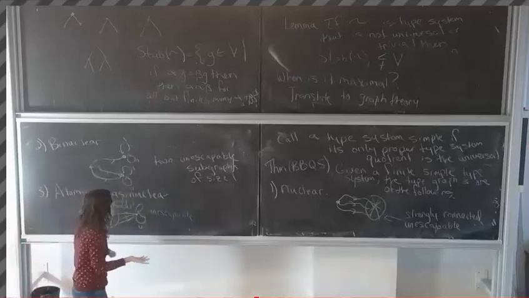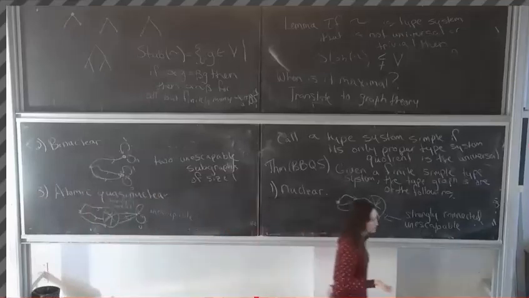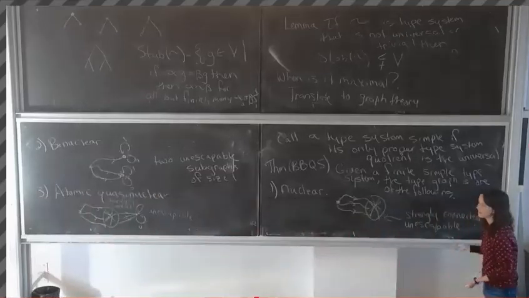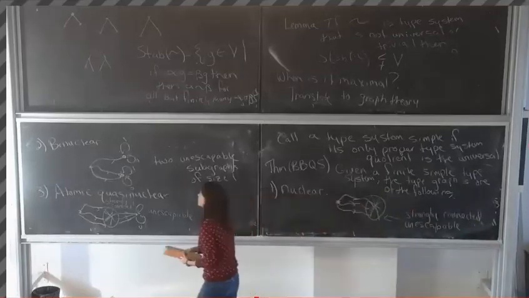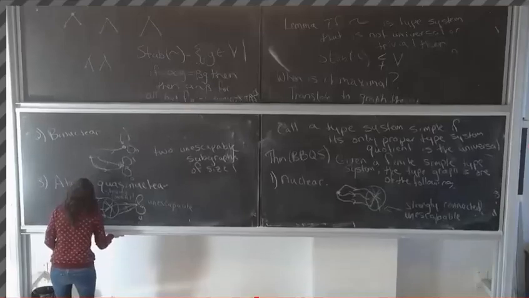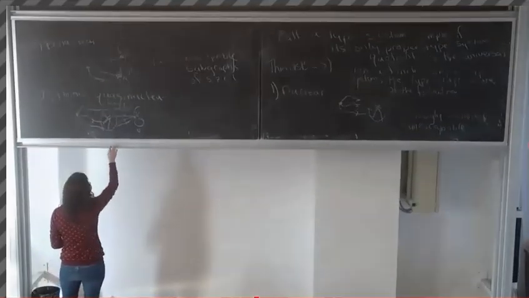Once we have this classification, we can go case by case and try to understand whether these give maximal subgroups. As it turns out, if you're in any of these 3 types, you indeed get a maximal subgroup.